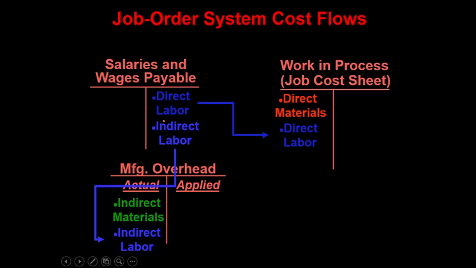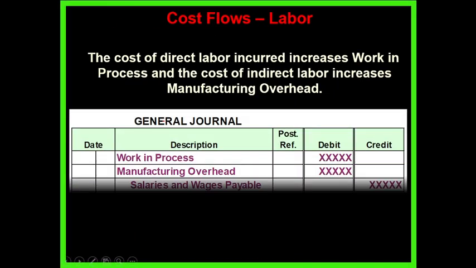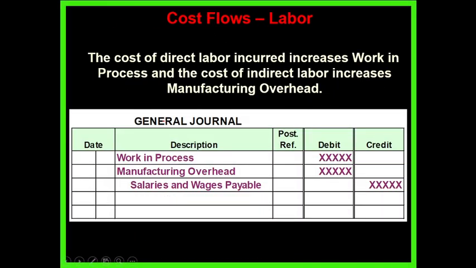Pwede kung gusto mo ng mas mahaba, but if you can do this approach, mas maganda, diretso ka na sa work in process and manufacturing overhead. So this is now your journal entry to record your labor cost, whether it's direct labor or indirect labor.